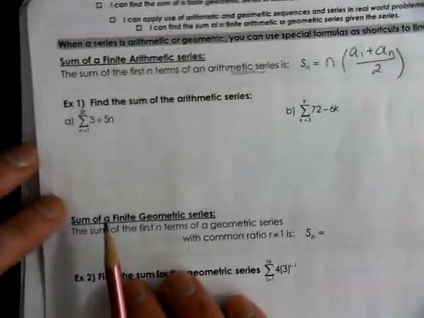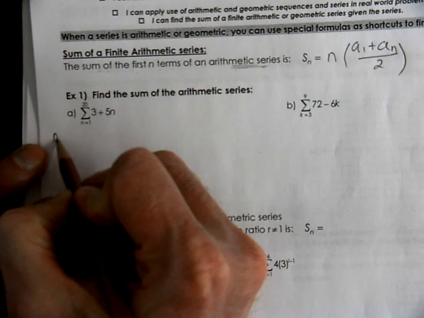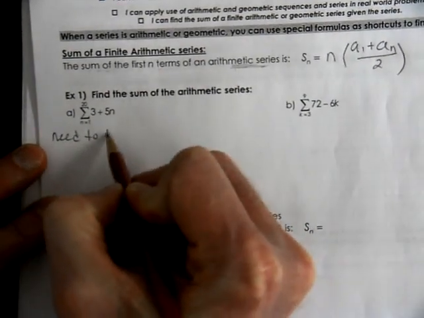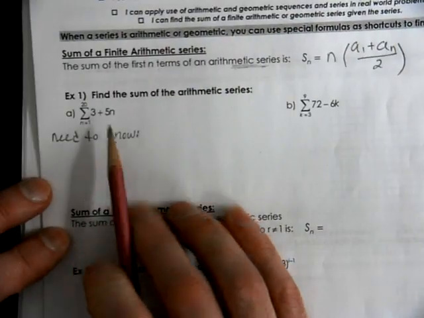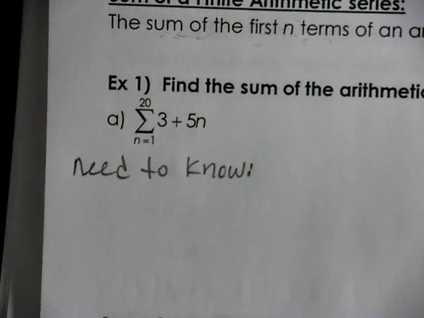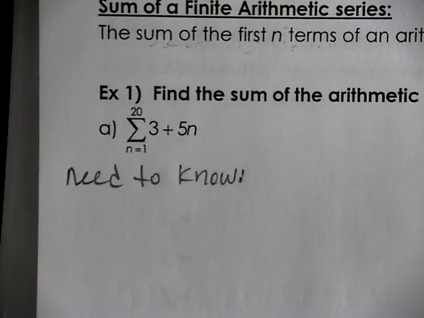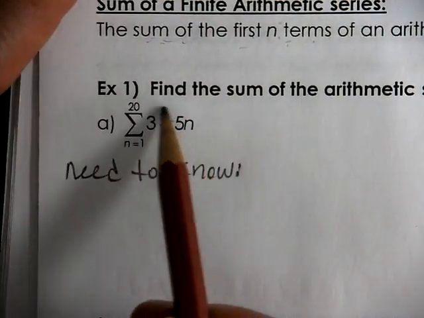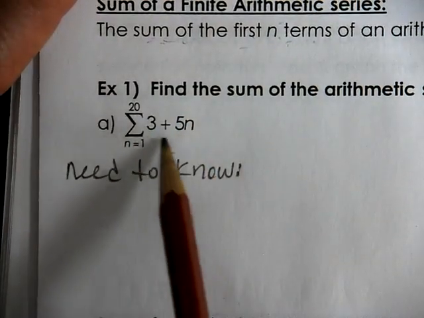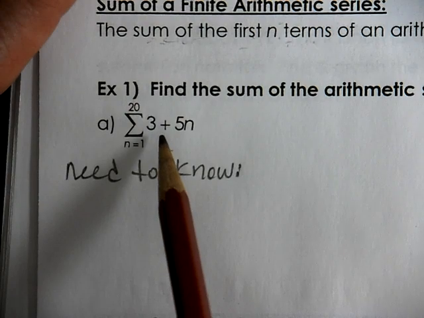So we come over here. What we need to know. First of all, are you convinced this is arithmetic? What makes this arithmetic? Because the rule here is linear. That's what makes it arithmetic.